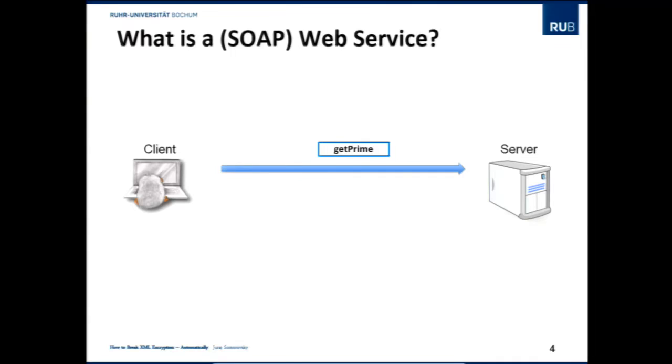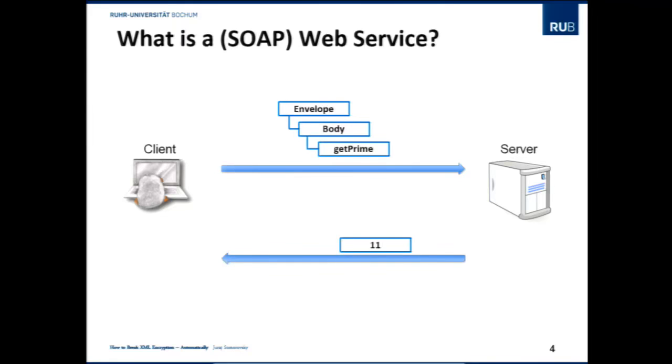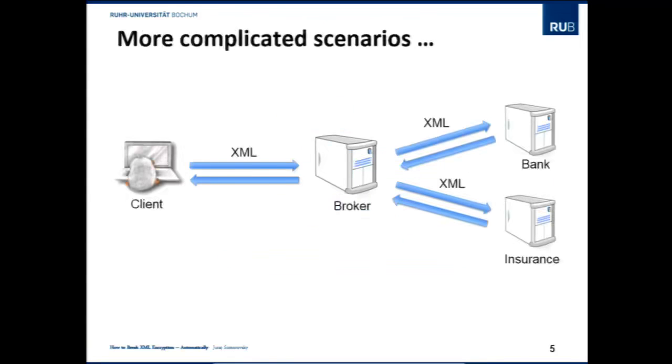For example, the web server provides a function getPrime, and the client sends the getPrime function through the wire, wrapped into Envelope and Body elements. The server generates some huge prime, like this one, wraps it into a message and responds to the client. This was a very simple example, but we have more complicated ones.